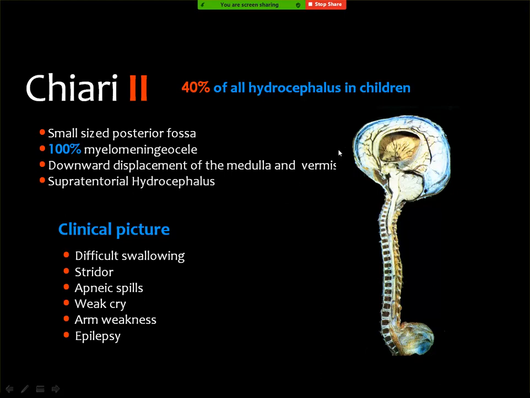But we may have some information about this Chiari, which represents about 40% of the causes of hydrocephalus in children and is associated always, in 100% of the cases, with a meningocele. Then one of the important issues whenever you are confronted by a case of supratentorial hydrocephalus is to ask the parents of the patient if he or she has a meningocele. This will support the diagnosis of Chiari.